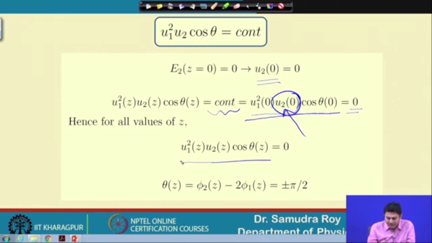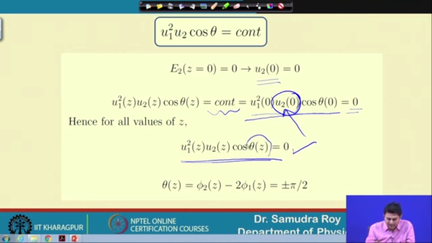Now, again we find a very interesting outcome from this. U2 is 0 at z equal to 0, that is true, but after that U2 is not equal to 0, U1 is also not equal to 0, this is multiplied by cos theta and this entire quantity is 0.